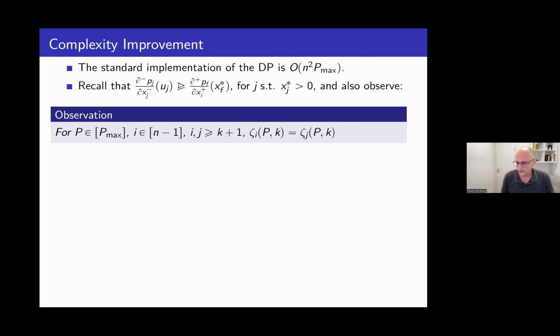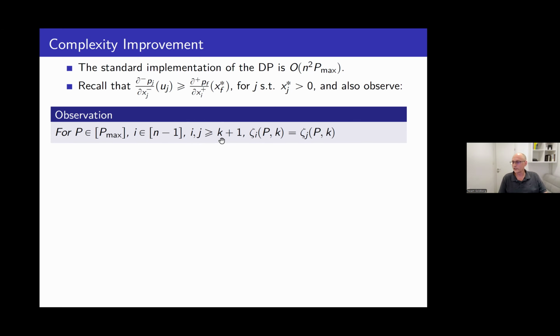Another thing is to observe that in the DP, if I'm looking at a subset currently in the DP of items up to K, and my fractional item has an index larger than K, then of course I'm able to use the same entries in the DP table, right? So I don't need to run knapsack n times. I can reuse the same DP entries.